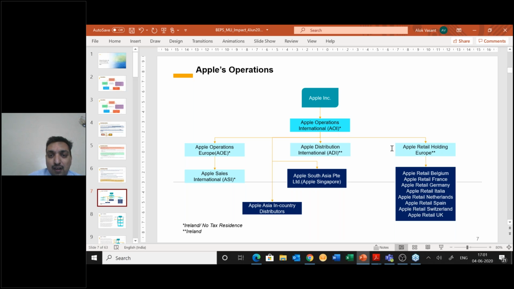If you look at the star, there is one star which indicates that these entities, though incorporated in Ireland, did not have their tax residence in Ireland. While the companies wherein there are two stars or two asterisks, these companies had their tax residence in Ireland. Now, this is the basic structure. I just wanted to draw your attention to this structure before we start to discuss what Apple did.